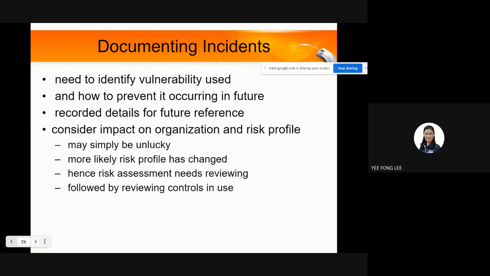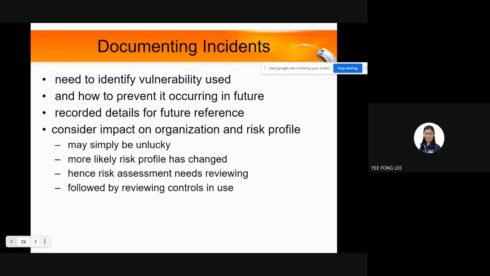So this could be involved. When it happened, documentation involves reviewing the whole process again, reviewing the risk assessment of the relevant system by either changing or extending the analysis.